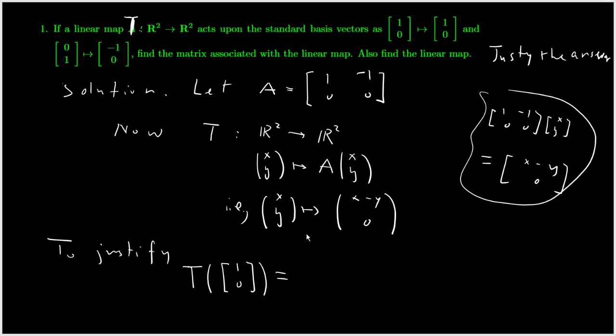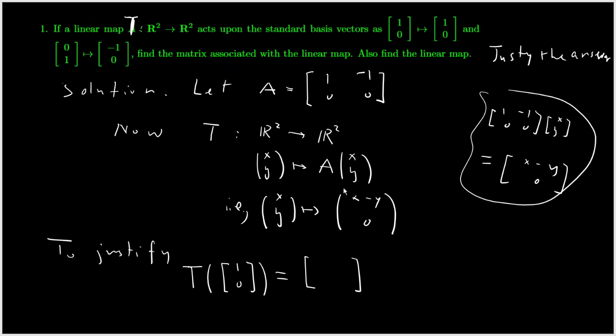Again, I want you to recall the meaning of the output. This notation means the output for the input of 1 0 under T, the output for the input of the vector in R2 under T. You write an equal sign, and then the output is computed using the formula.